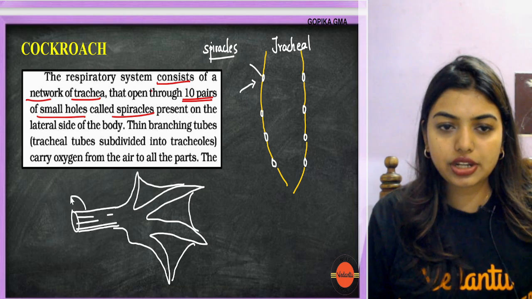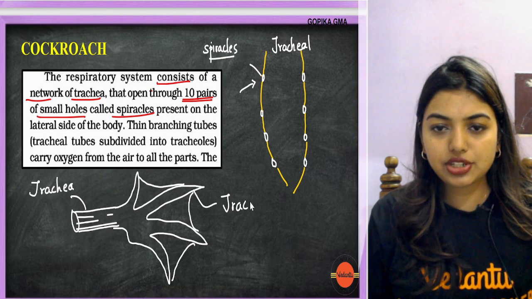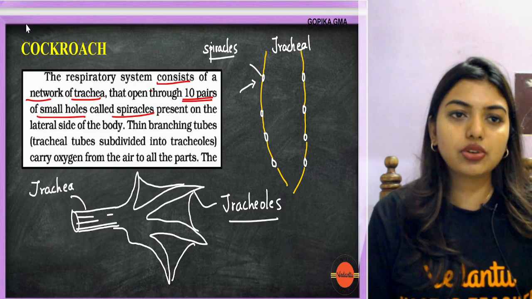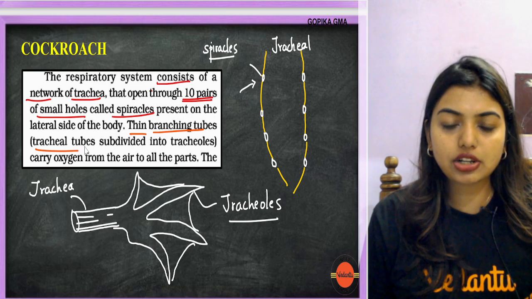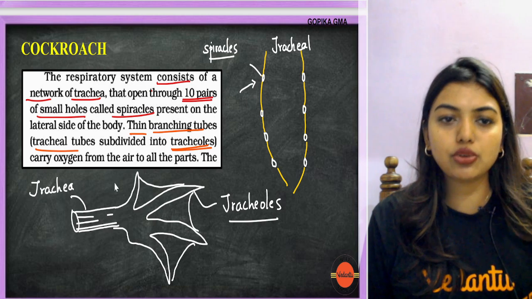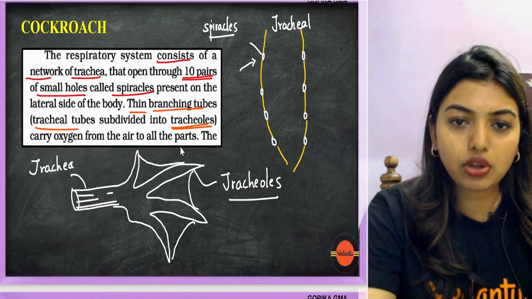So this is the trachea, and these are the tracheoles. So look here, thin branching tubes, that is the tracheal tubes subdivided into tracheoles, carry oxygen from the air to all the parts of the body.